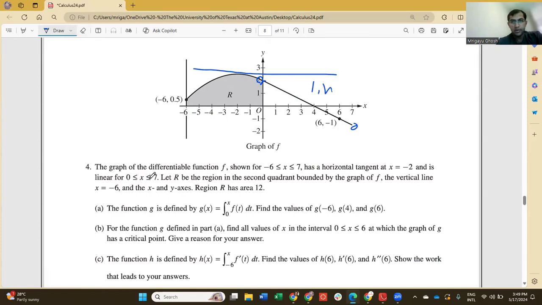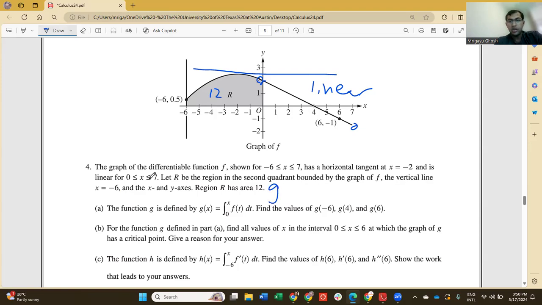So I'll just annotate my graph a little bit so I can process that. And then R is this region, the second quadrant bounded by the graph of f, the vertical line x equals -6, and the x and y axes. Region R has area 12. So that means the integral over this region is 12. The function g is defined as the integral from 0 to x of f of t dt.